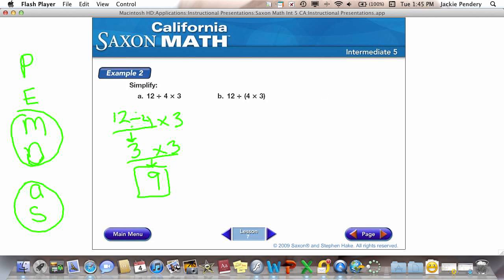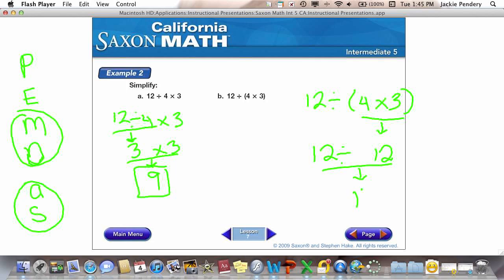So let's look at B. 12 divided by parentheses 4 times 3. So now I have to do what's in parentheses first because that's what it says in PEMDAS. So I'm going to solve this piece first and get 4 times 3, which is 12, and then bring over the rest of the 12 divided by 12, and 12 divided by 12 is 1.